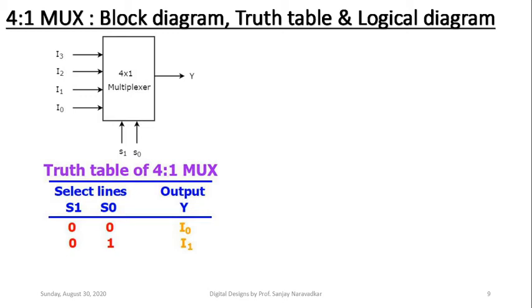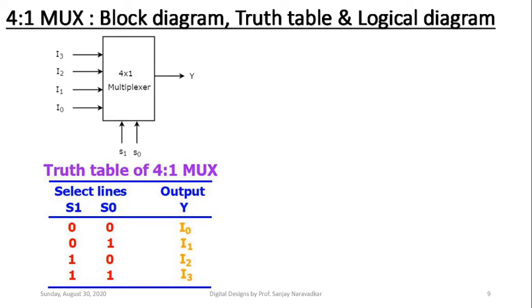Then the third entry will be 1 0. S1 is 1, S0 is 0. I2 will be selected, that will be connected to the final output. I2 steered to final output. So Y is equal to I2. And then the last entry of this truth table here, 1 1. In that case, I3 is selected and that will be steered, connected to final output here. So truth table is complete.